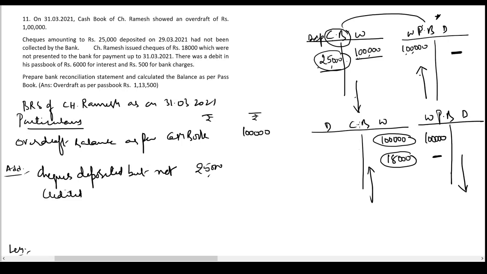Now I want to start with cash book balance in this problem and arrive at the passbook balance. So what should I do? Passbook is showing a relatively lower balance. Cash book is showing a relatively higher balance by 18,000. So to make cash book equal to passbook, I have to reduce cash book by 18,000.